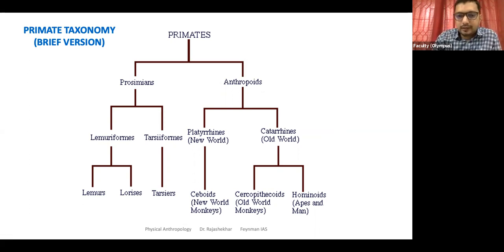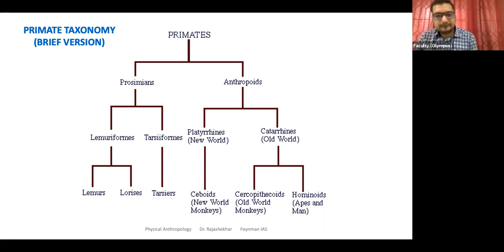Anthropoids are further categorized into platyrrhines and catarrhines. Simply, platyrrhines refers to those with flat noses. Platy means flat, rhino means nose.